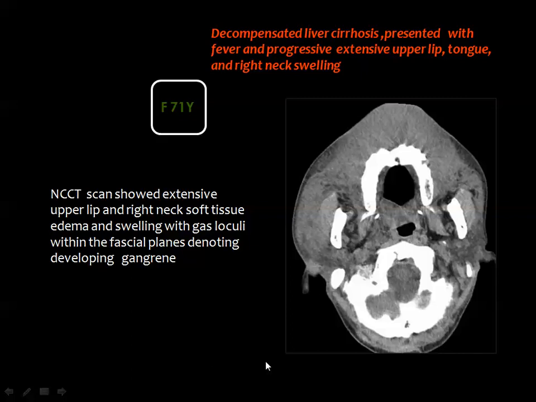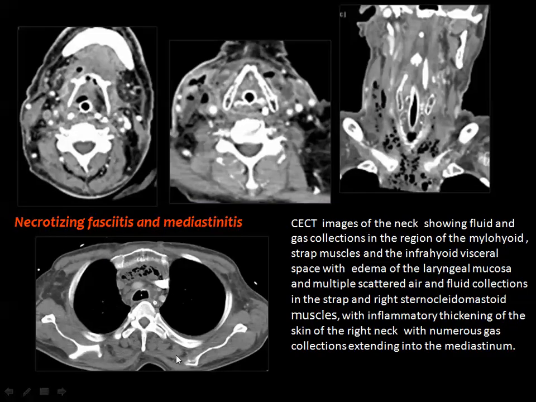And this patient is an old patient with decompensated liver cirrhosis, presenting with fever and extensive upper lip, tongue, and right neck swelling. And this is also an example of necrotizing fasciitis with air loculi in the deep fascial planes.